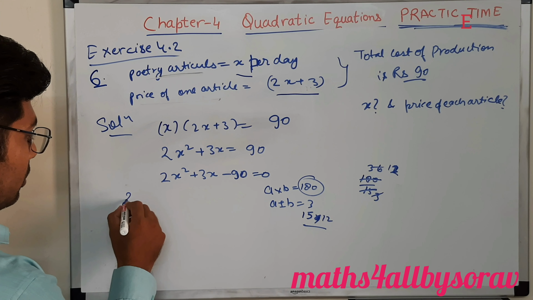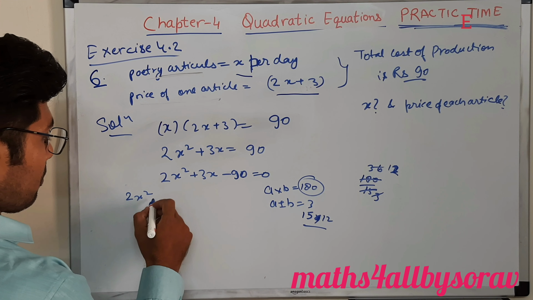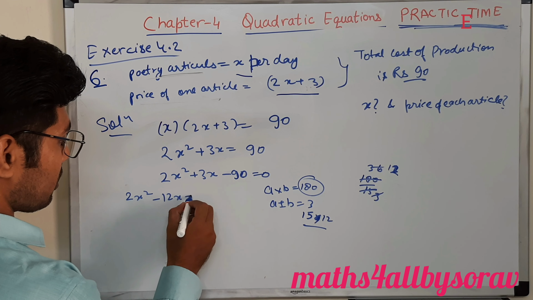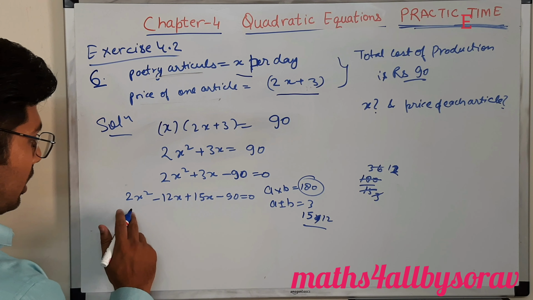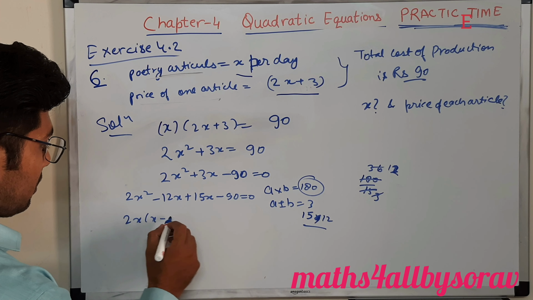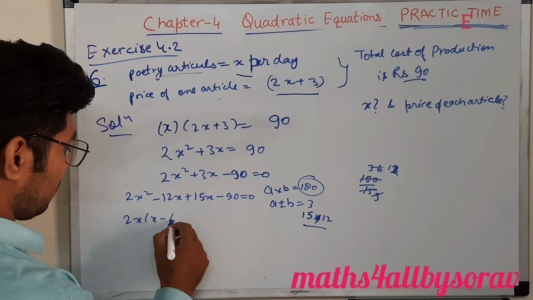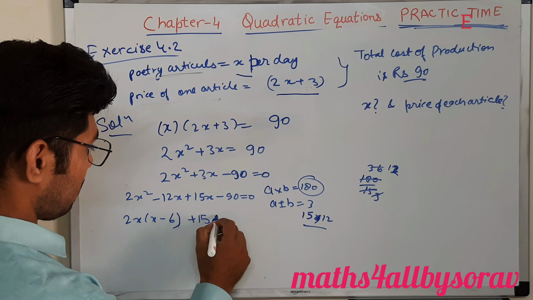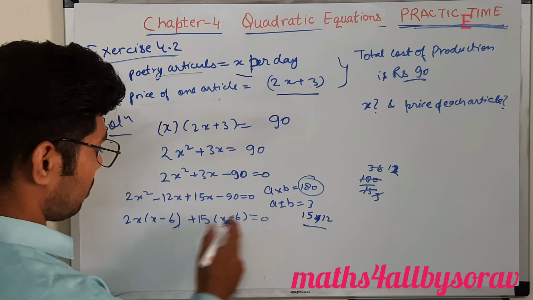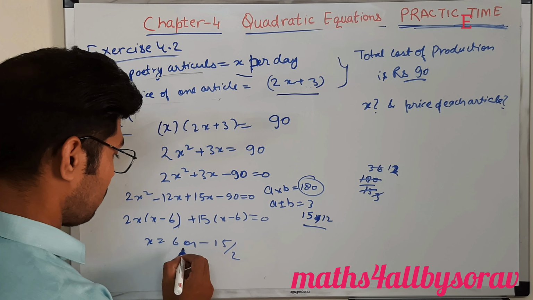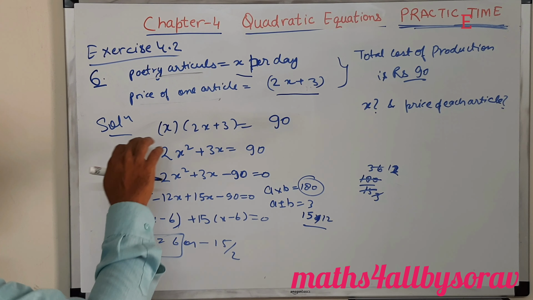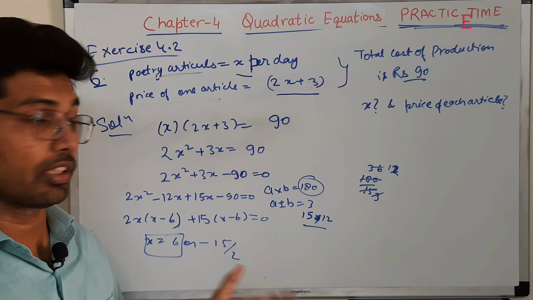So put it here, 2x square plus 15x minus 12x minus 90 is equal to 0. Take 2x common, 2x plus 15 common here, x minus 6 is equal to 0. x is equal to 6 or minus 15 upon 2. Because the number of articles is positive, it cannot be negative.